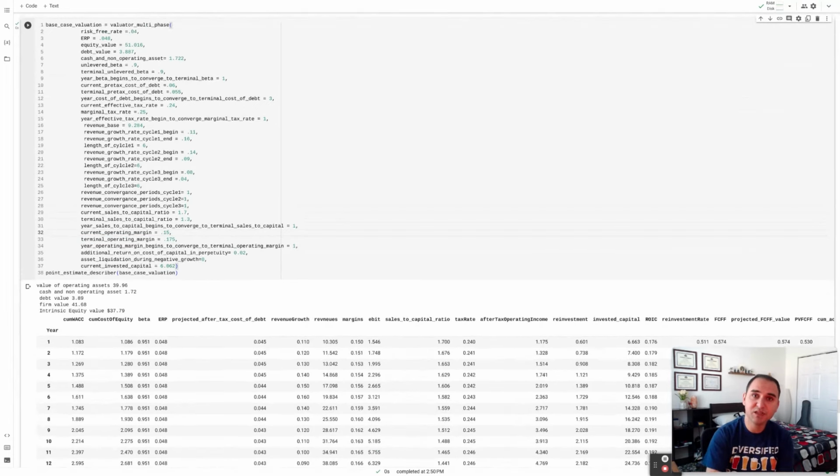In the next session, I will be providing a range of inputs to the model, and we will be arriving at a range of intrinsic equity value as opposed to a point estimate.